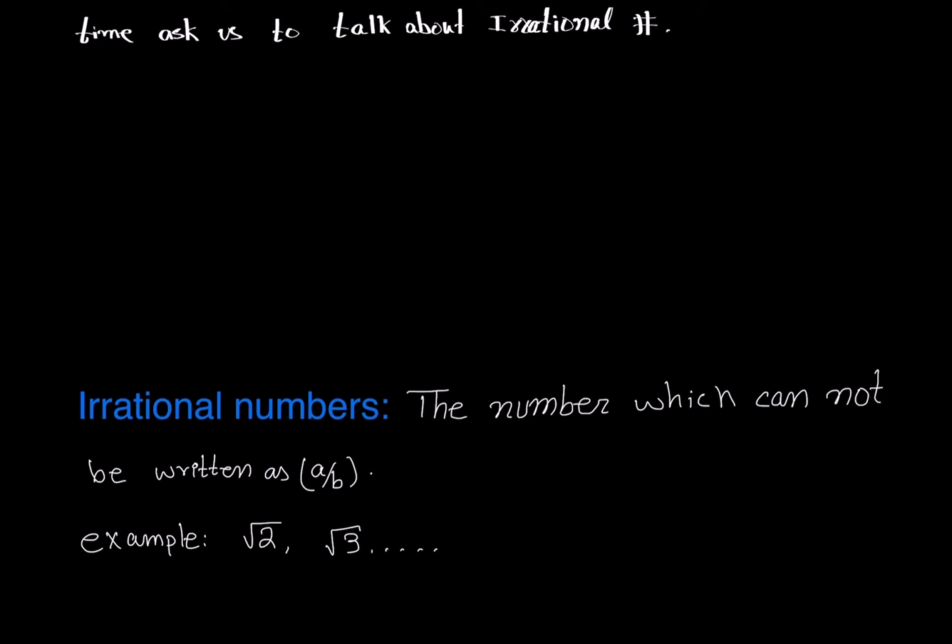The reason is that square root of 2 is equal to 1.414, and that number keeps going on to 1.414213562373095.